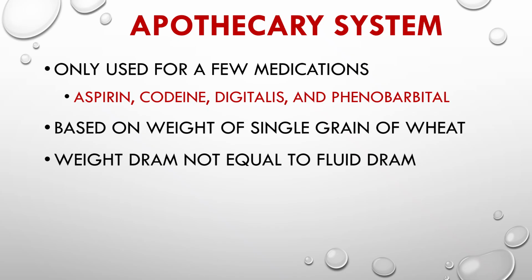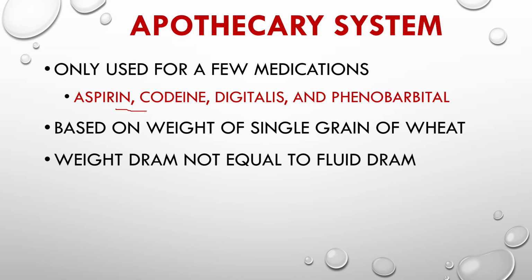A little bit about the apothecary system. We don't really use this. I stuck the slide in because your book talks about it, but it's not really something you'd be tested on. This is only used for a few medications like aspirin, codeine, digitalis, and phenobarbital. This is based on the weight of a single grain of wheat.